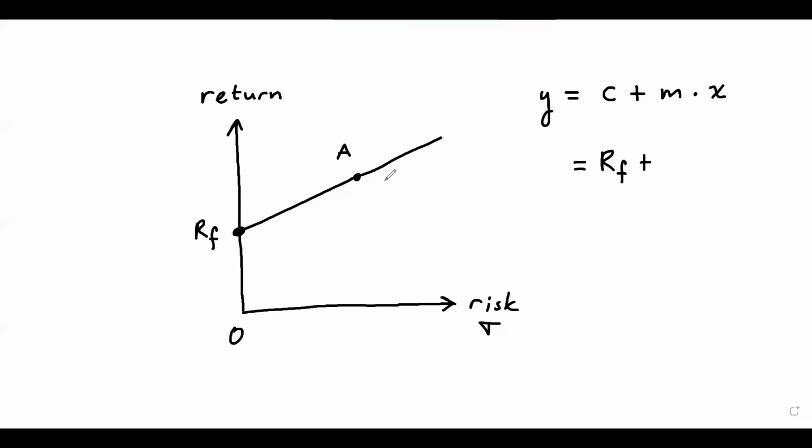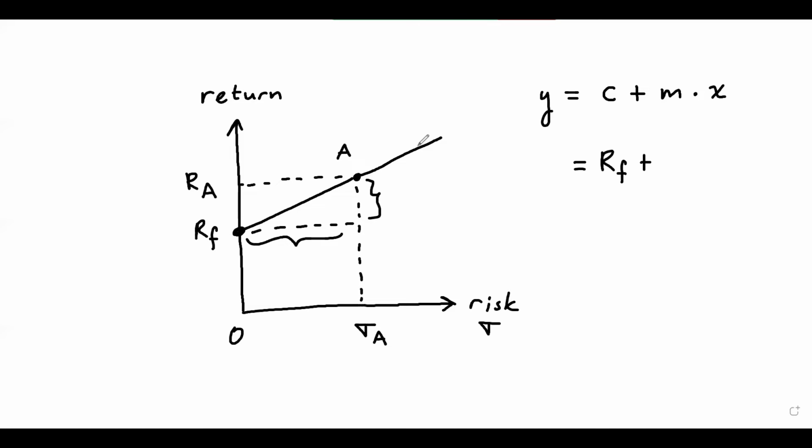How about the slope? For the slope of this line, we can basically focus on these 2 points. For example, we have our risky asset here, A. It will have a volatility of sigma A and a return of RA. And the slope of this line is essentially this vertical distance divided by this horizontal distance, right?